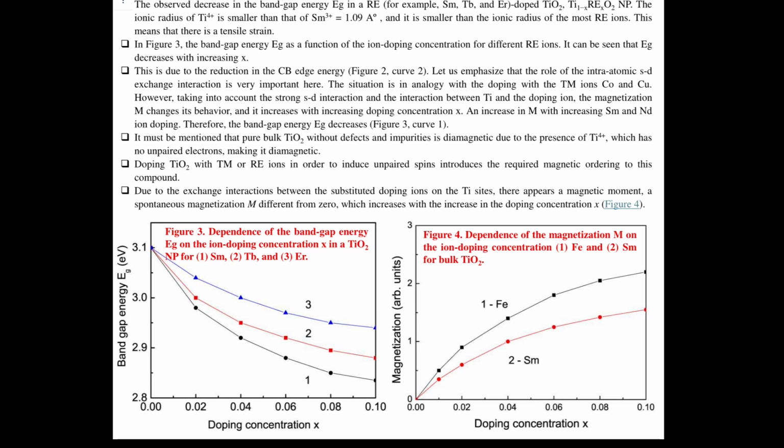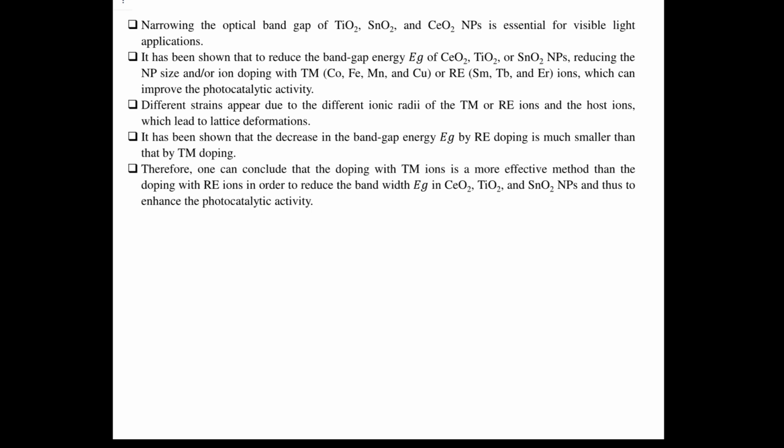So in conclusion, I will come to the conclusion of this tuning of the band gap. Narrowing the optical band gap of TiO2, SnO2, and CeO2 nanoparticles is essential for visible light applications.